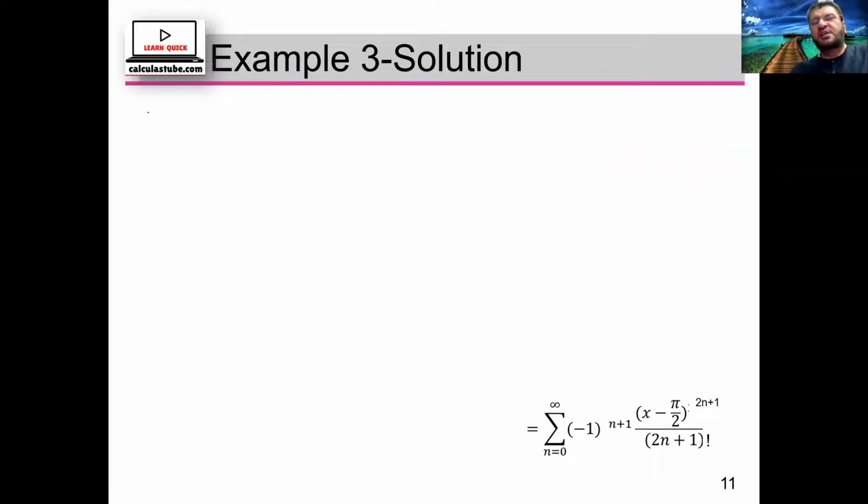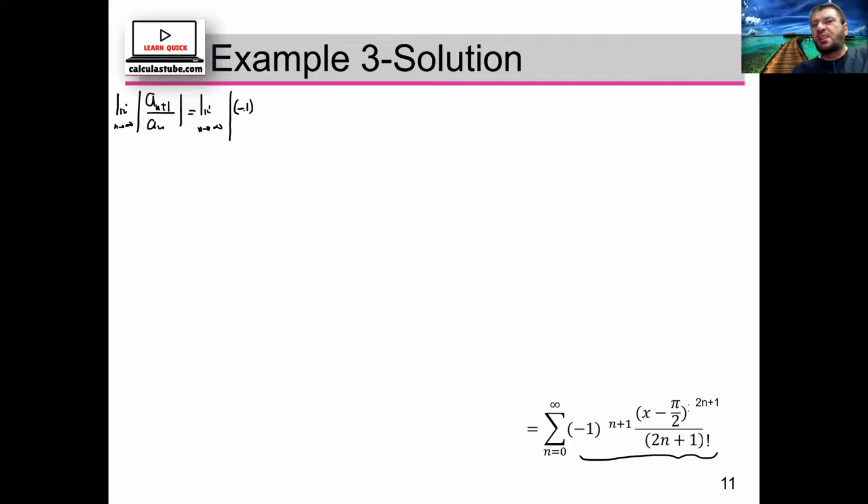All right. So to find the radius of convergence, what do we take? We take the limit of an plus 1 over an as n goes to infinity. And this is the limit as n goes to infinity of the following. Let's start with an plus 1. By the way, this is your an. If I make an plus 1, what do we end up with?